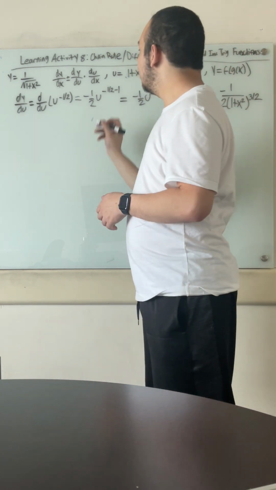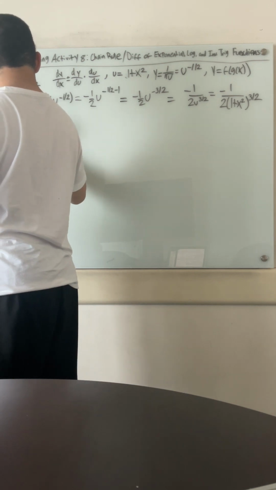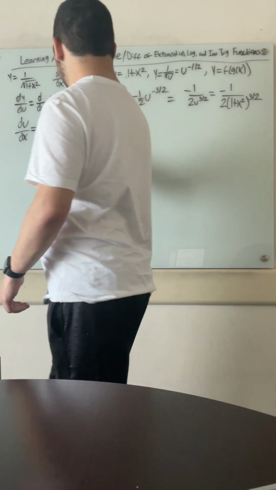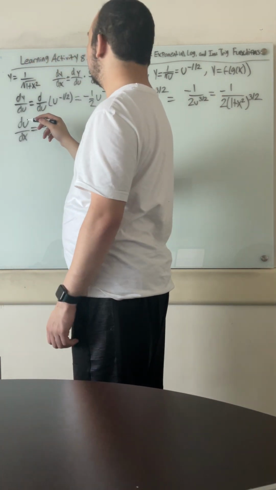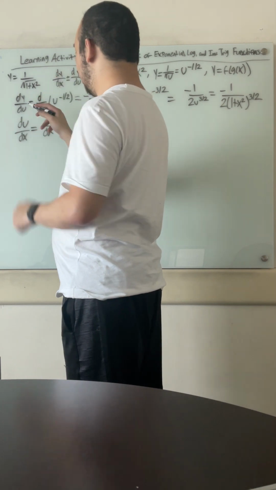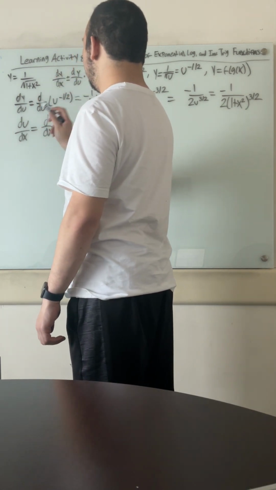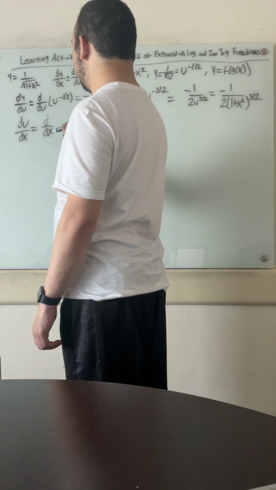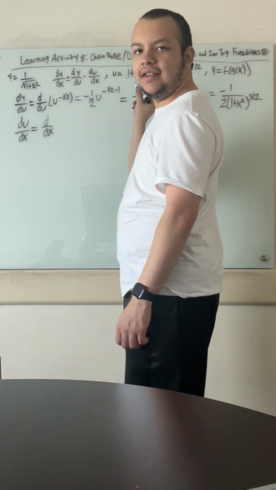Next thing we're going to do is du/dx. So du/dx equals d/dx. Notice how in dy/du, in place of y, we used u to the negative 1/2. Here, since we have du/dx, we keep the dx the same, and in place of u, we substitute 1 plus x squared.